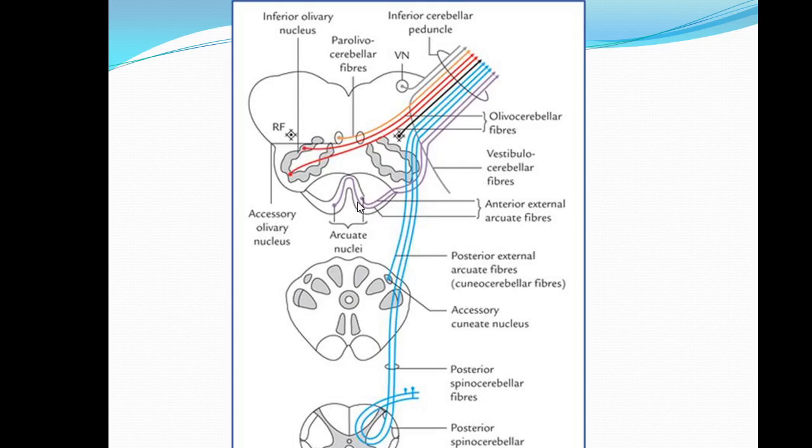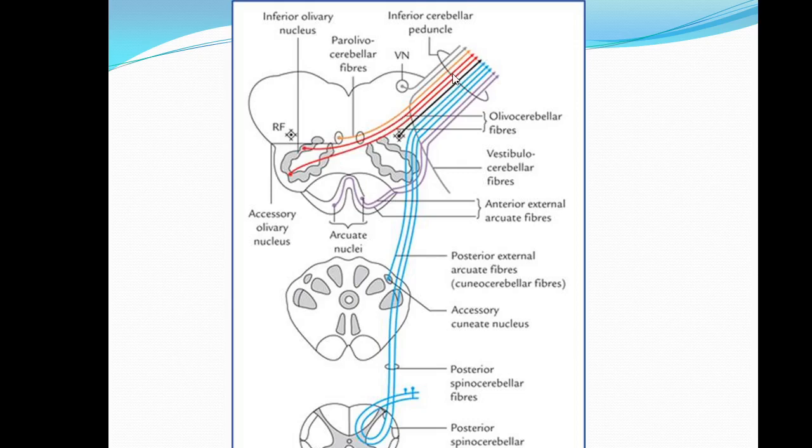Then from the pons, it carries the anterior external arcuate fibers from the arcuate nuclei, and from the inferior olivary nucleus there is the olivocerebellar, then the parolivocerebellar tract here.